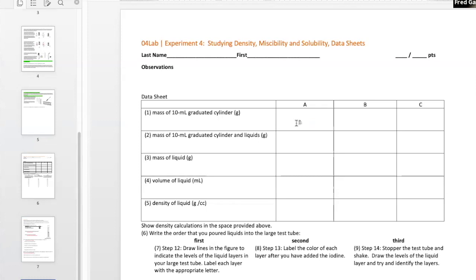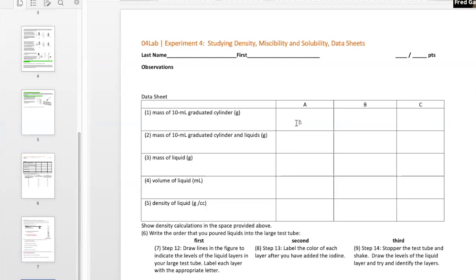So please keep that in mind, that when you read the volume, you're going to read it based on the precision of the graduated cylinder. And that means that you're actually going to fill it up. And if you need to take the bottom off, fine, do that. And you need to be at eye level, and then you're going to read it based on the meniscus of that liquid.